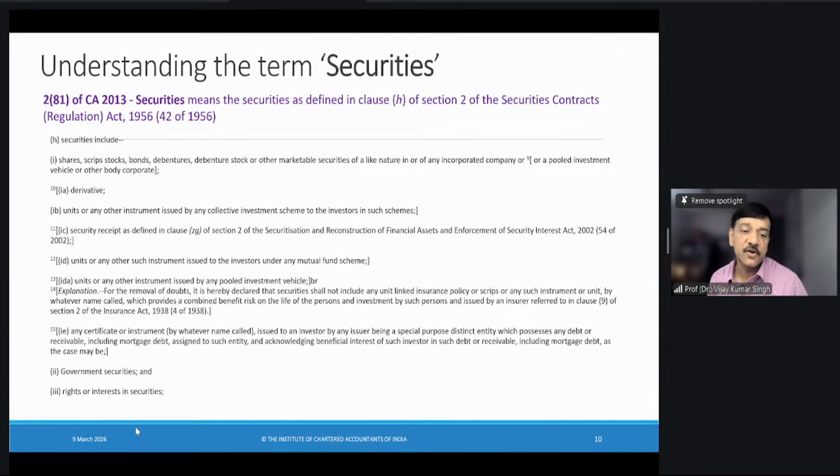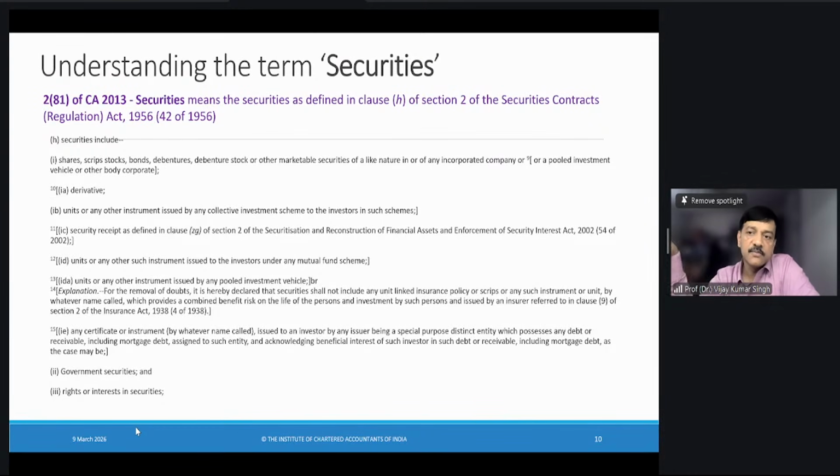Or any certificate or instrument by whatever name called issued to an investor by an issuer of a special purpose vehicle. This we have discussed. It includes mortgage deed. I hope you heard about the subprime loan crisis or subprime lending. There the underlying is basically the housing property, and the beneficial interest can be traded.